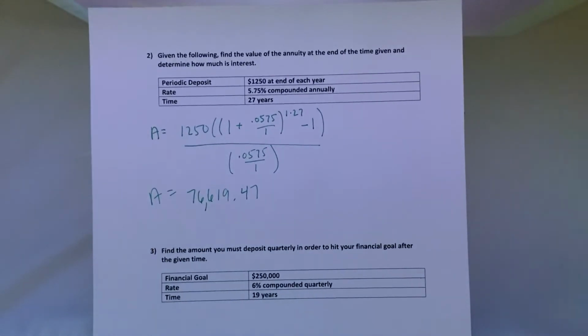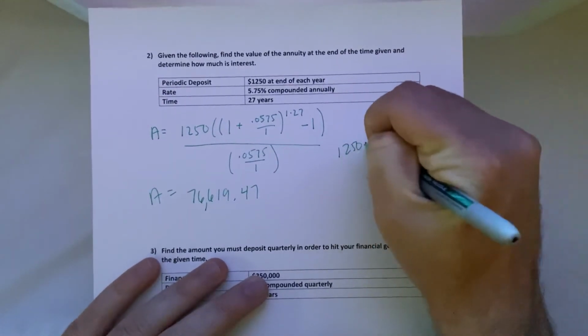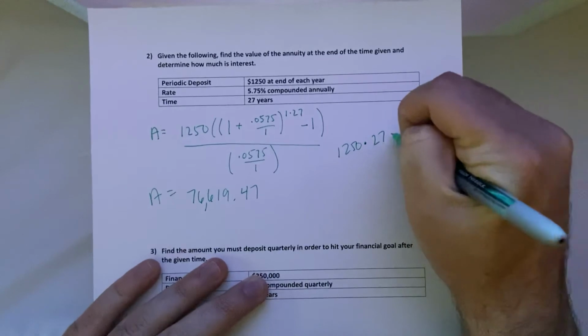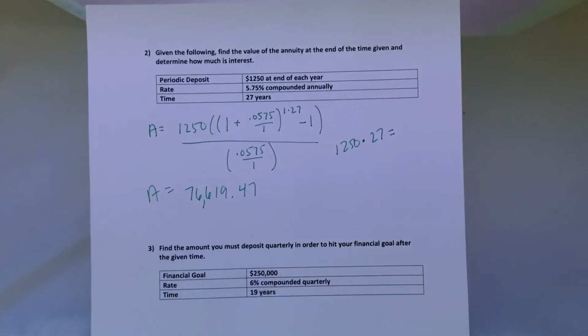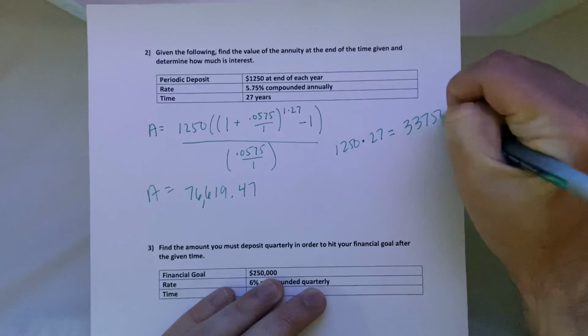Now again, how much is interest? You paid $1,250 a year, once a year, for 27 years. So $1,250 times 27 is $33,750.